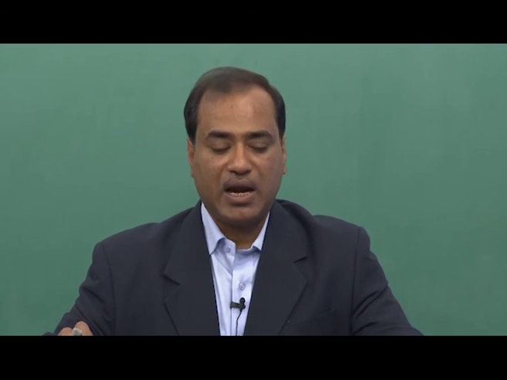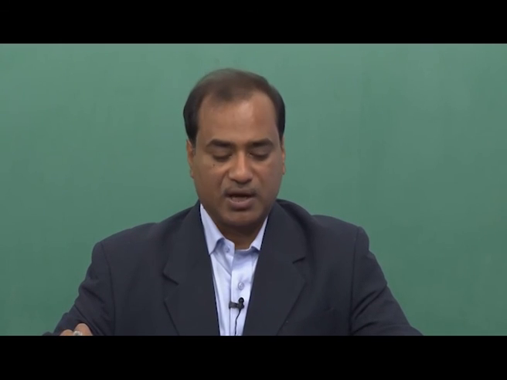So, I would say that I have given you a startup with some matrix operations, and I would request you to please practice these simple operations, and in the next lecture I will continue with some more operations on matrix theory.